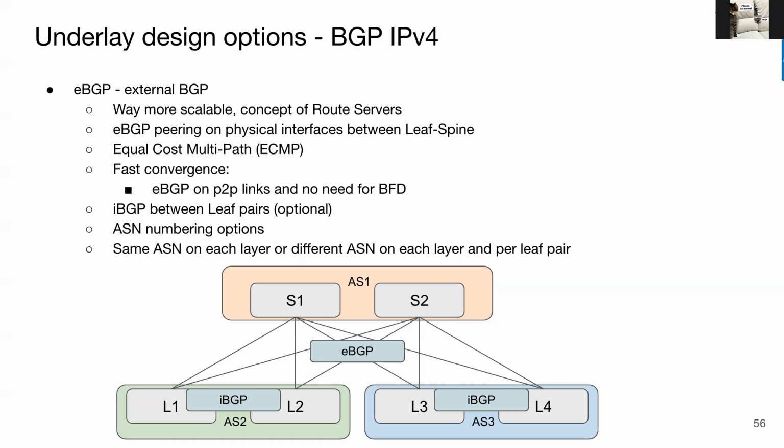Very fast convergence. You can actually run iBGP between the leaf pairs. We typically do. There's a corner case for why you want to use this, depending on if you have a link to a spine that fails. And then you'll just use different ASNs based on whatever your design choices are. But this is the one that I see most frequently.